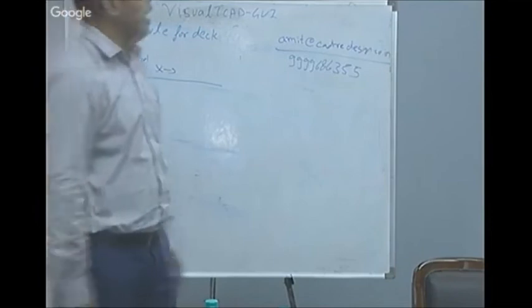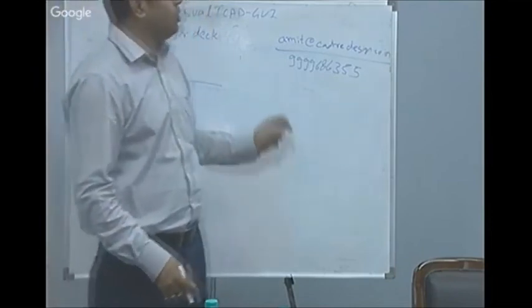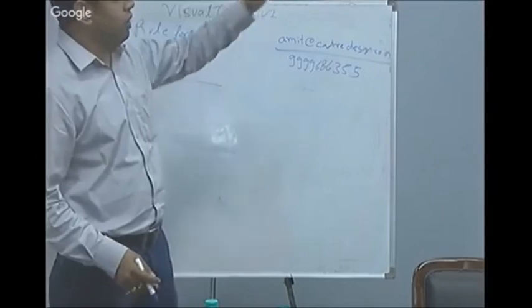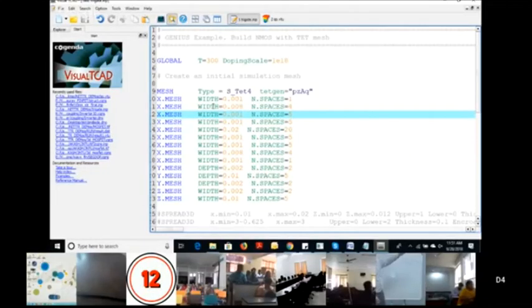Then X width 8. So it will add that to the previous one, meaning 1 plus 8, total 9. So in this region, it will make n spaces 4. So in 1, if we add 8 more, the next coordinate will be 0.009.